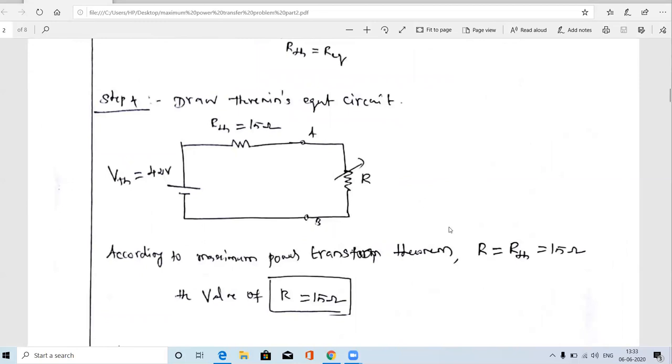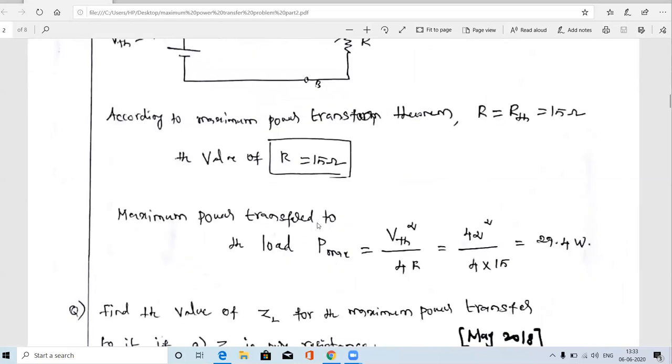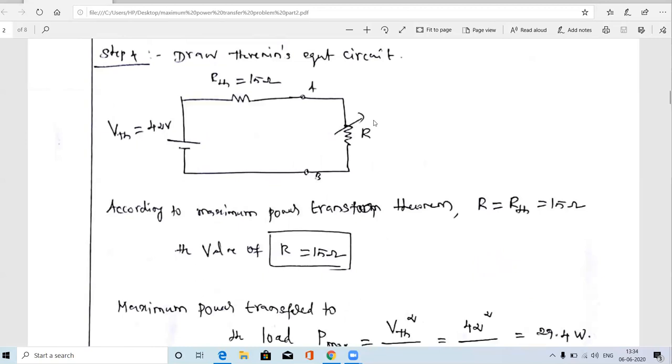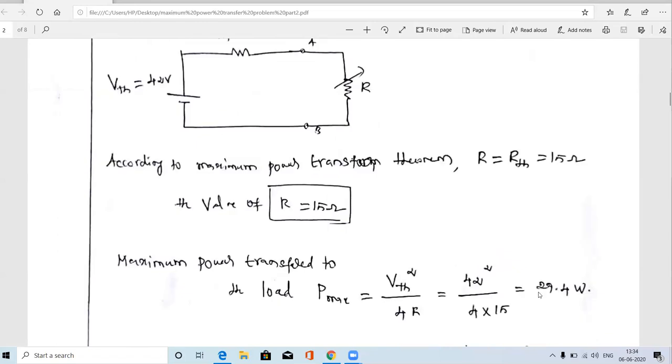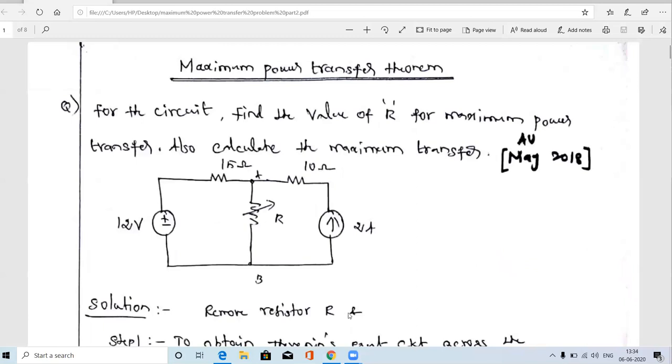According to this condition, the maximum power transferred to this load is P max equals VTH squared divided by 4R. We substitute the values of VTH and R, and we will get the maximum power. This is the formula to find the maximum power of the given circuit. We will see it one by one.